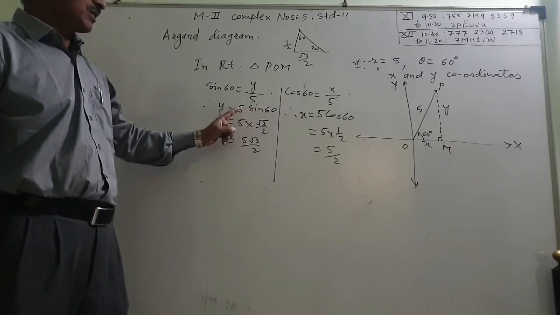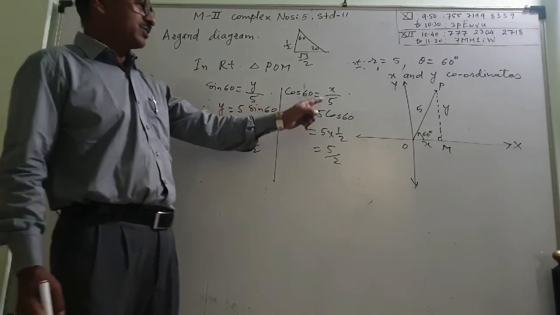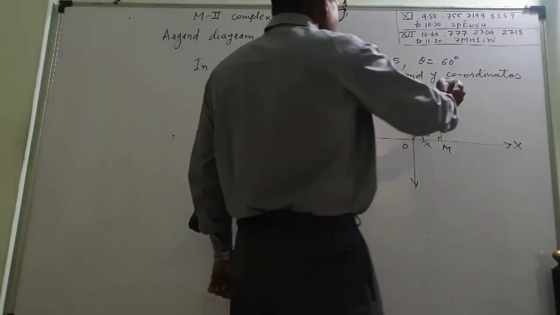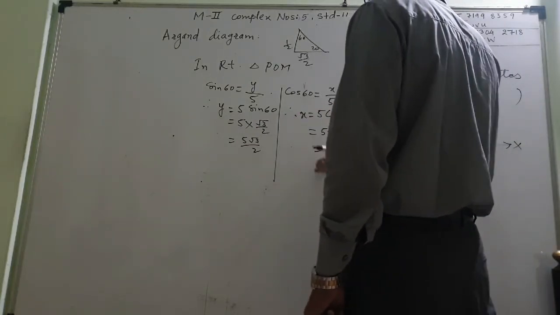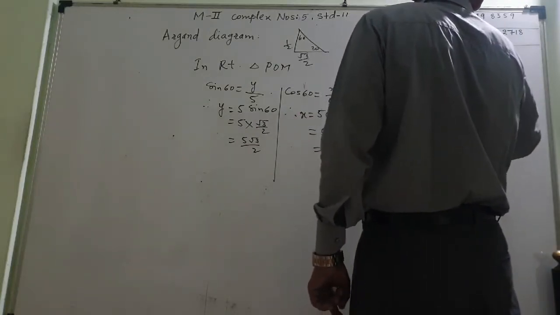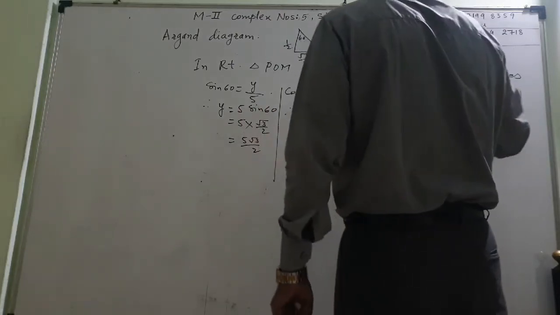Multiply by that hypotenuse and immediately you will get y means sin, x means cos. So what are the x and y coordinates of this? Cos वाला x है 5 upon 2, comma y वाला कौन है 5 √3 upon 2.